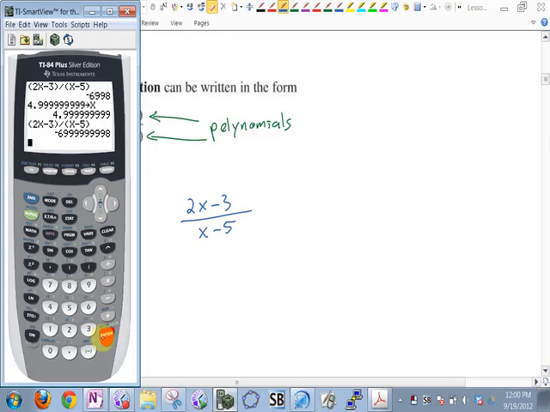Negative infinity. Now, I was only approaching x from what direction, the left or the right? The left. So the way this works is, as x approaches 5 from the left, f of x is approaching negative infinity.